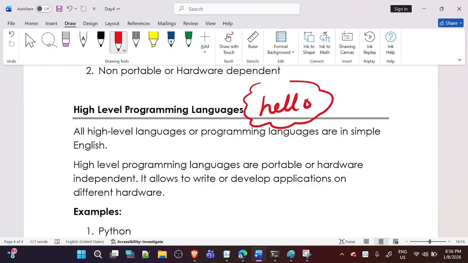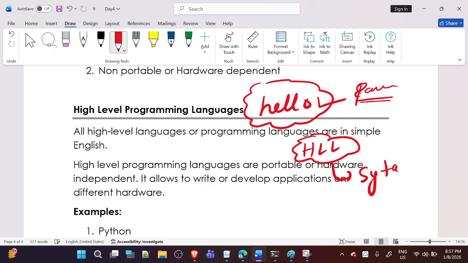By following English grammar, whenever you write an English essay, application, or paragraph, you will follow English grammar. But whenever you are writing high level language code, you will follow syntax. English is already human readable, and the syntax of a programming language looks like English.